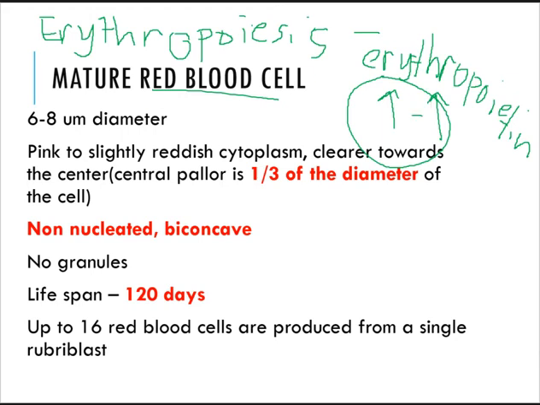Anyway, it is usually 6 to 8 micrometers in diameter. The color is pink to slightly reddish cytoplasm, so it has a clearer center. Your central pallor is usually 1/3 of the diameter, so that's your usual configuration or drawing.